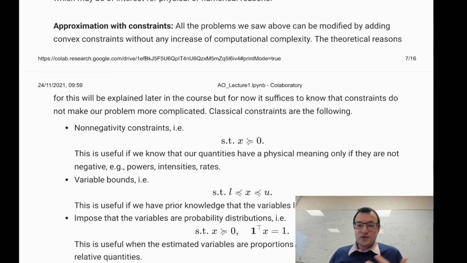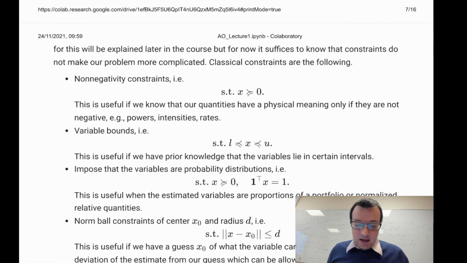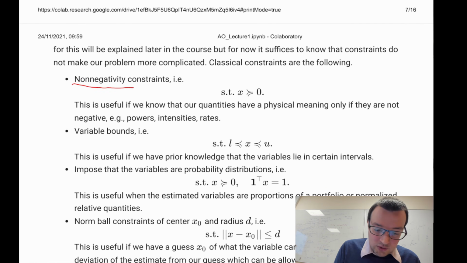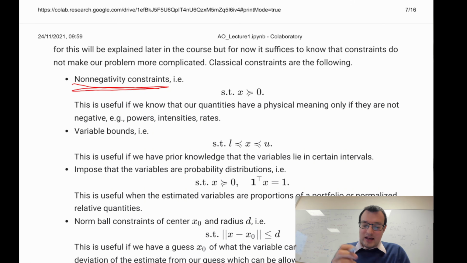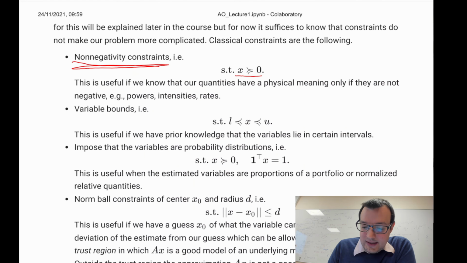Now, up to this point, I spoke about the basic minimization problem of the norm of Ax minus b, but of course we can add constraints to it. Let's look at some typical constraints that are associated with that specific problem. For instance, we may have non-negativity constraints. So we may require that the variable x, component-wise, has all components positive.